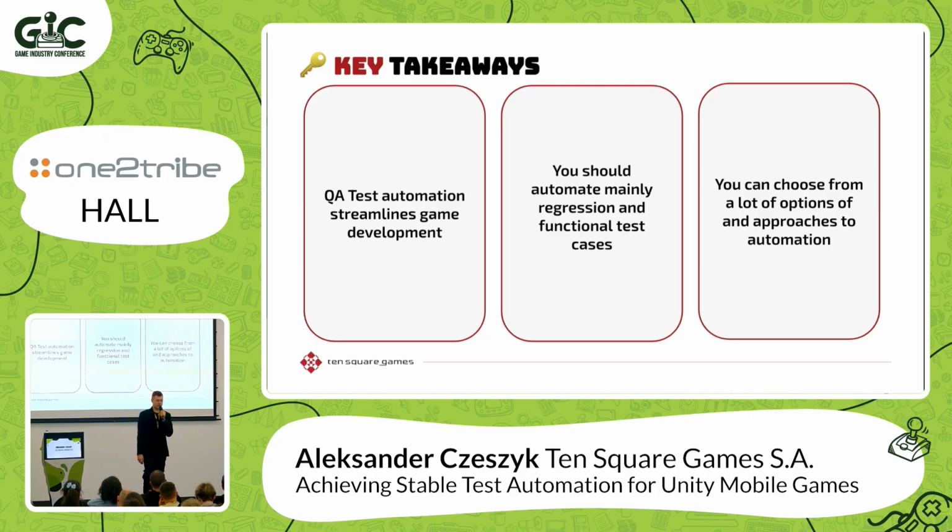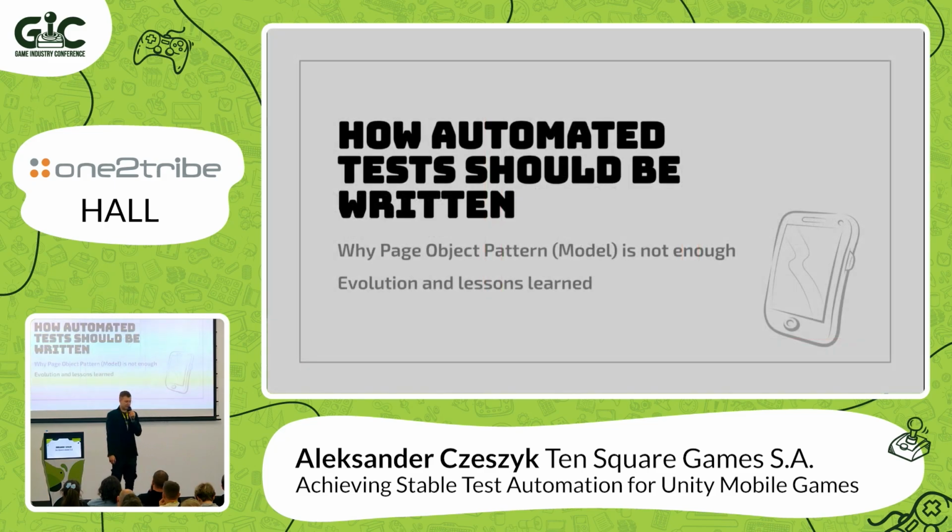However, I do not recommend it. And you can choose from a lot of options and approaches to automation in general. The paid ones, the free ones, yeah. I will now move on to the more technical part and start off from describing what is the page object pattern and what are our lessons learned from working with it.